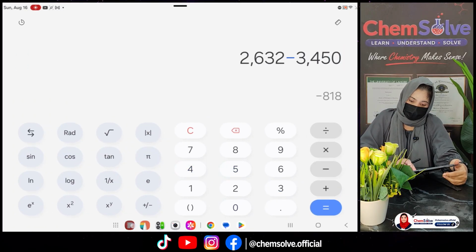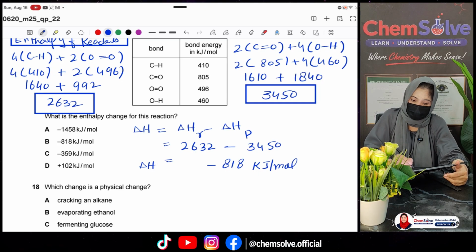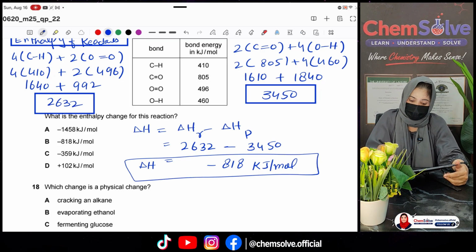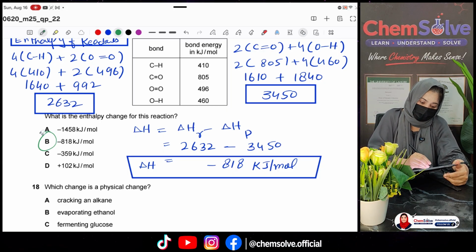So this is minus 818 kilojoule per mole. So this is our final answer for this question. It matches exactly option B.